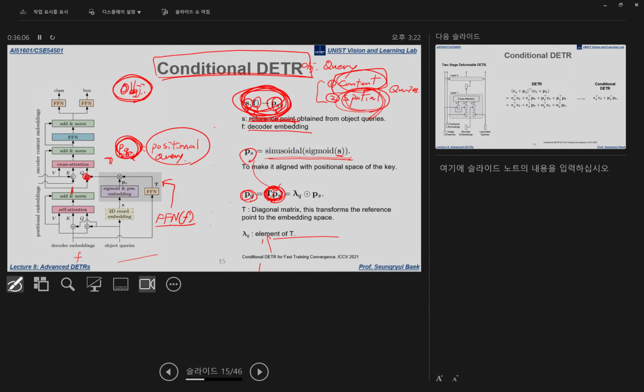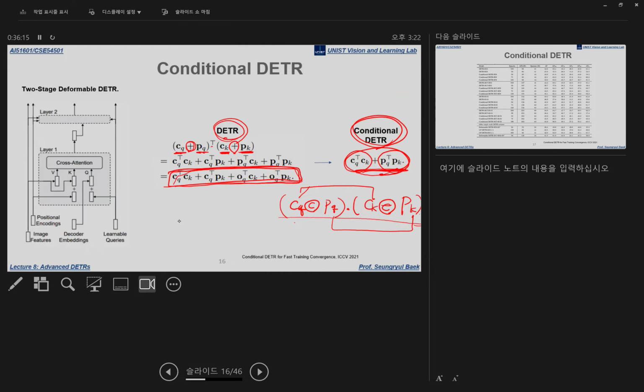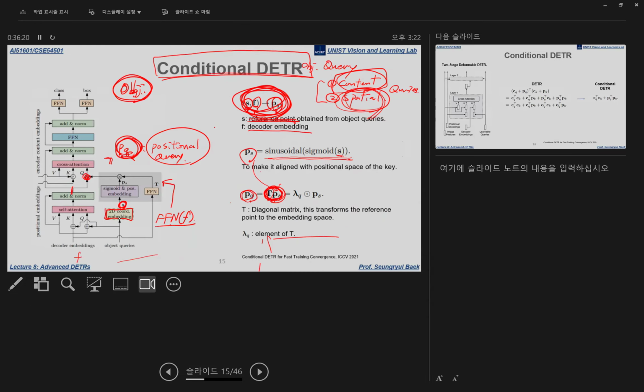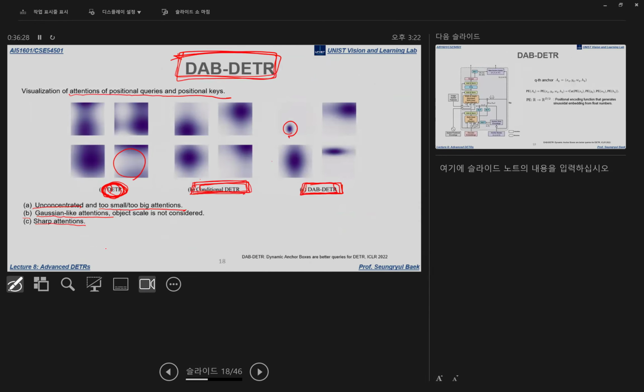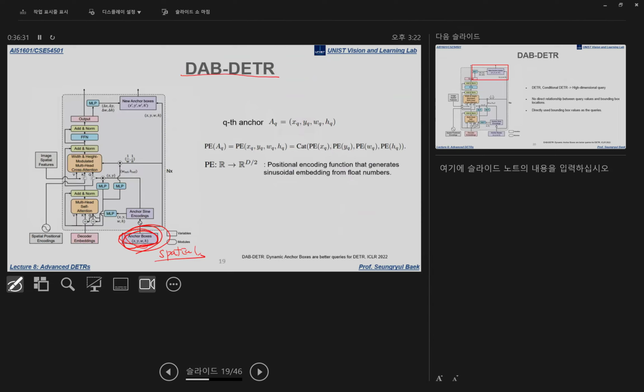So here we are estimating the S value from the object query, which is the coordinate values. But in DAB-DETR, they explicitly have an anchor box representation, which means x and y, the center of the boxes, and width and height of the boxes.